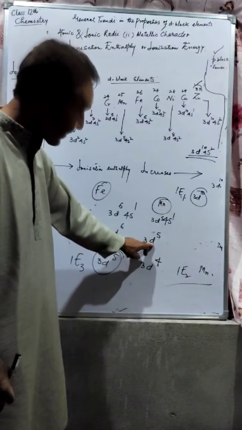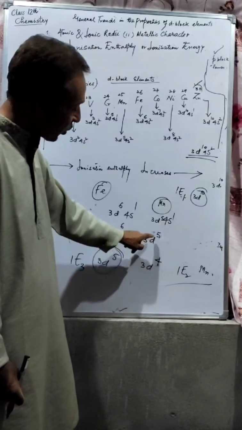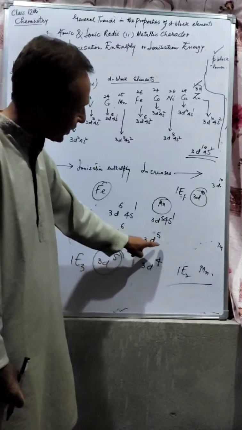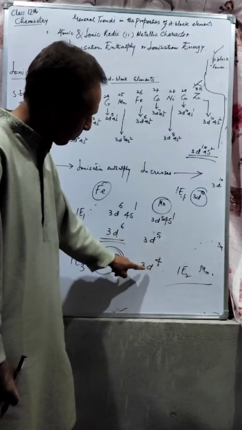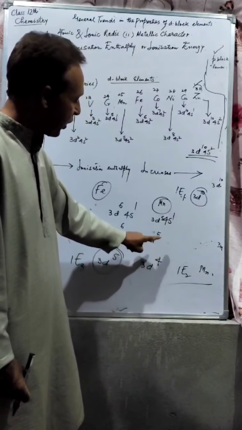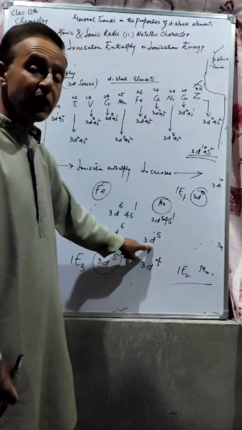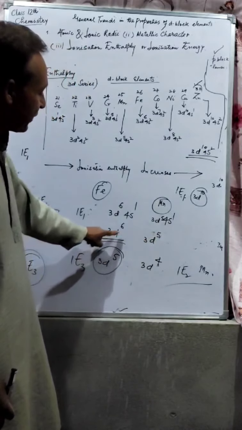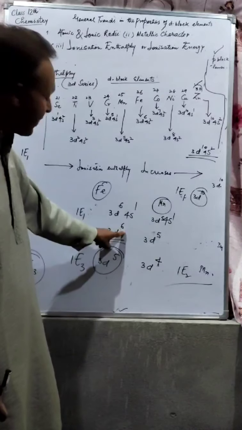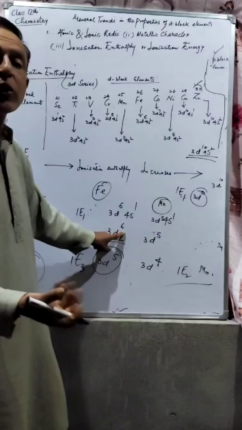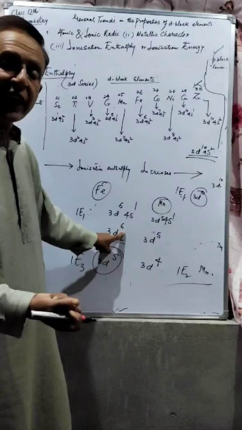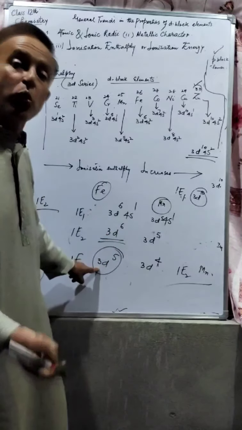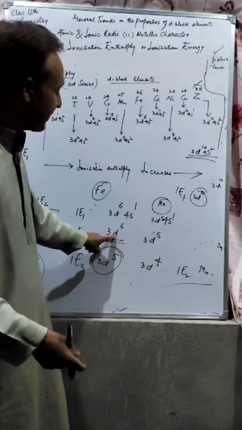So this is an exactly half filled configuration. When we remove the electron from the 3d5 configuration to form 3d4, we have to apply more energy, whereas removing an electron from 3d6 is easier, because 3d5 is a more stable configuration than 3d6.